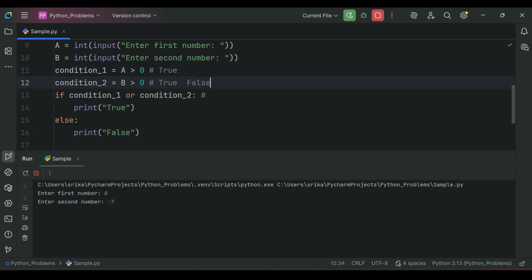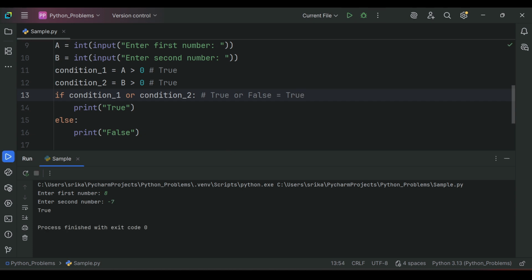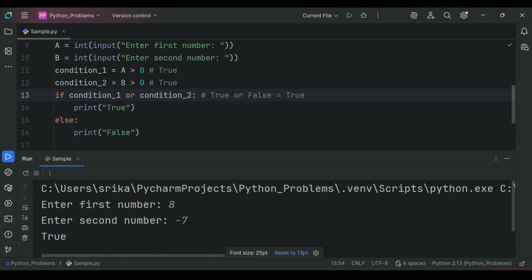Then one true, or one false. Now one true and one false means the output should print true. Enter. It's true. The output should be true.